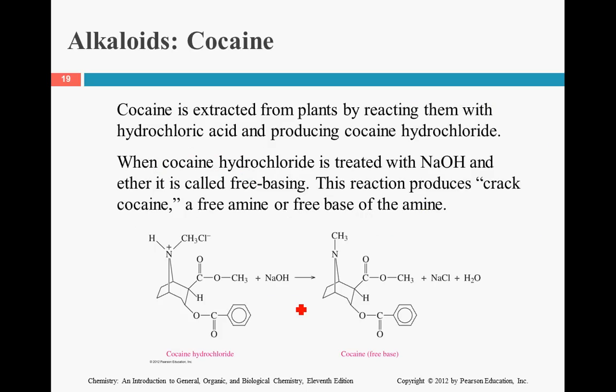So for instance, when we're talking about cocaine specifically, this is the compound that's actually extracted from the plant. Mix it with hydrochloric acid, and this is what is produced by it when you mix it with hydrochloric acid. Here's the negative and the positive, and then you react it with sodium hydroxide to form the crack cocaine.